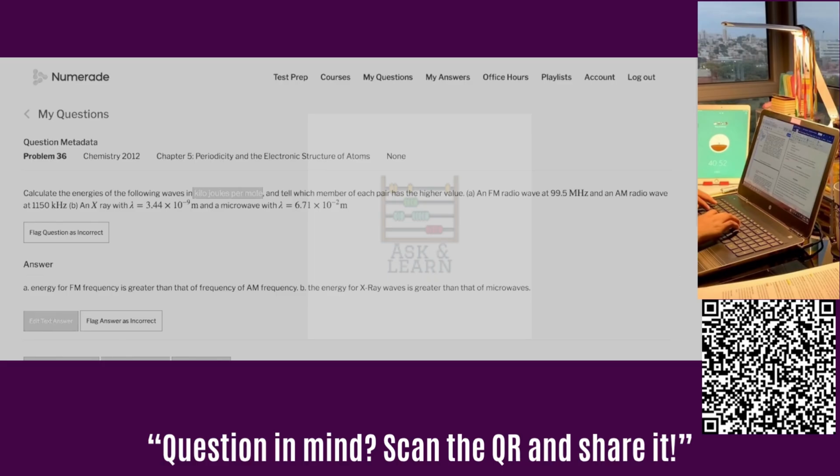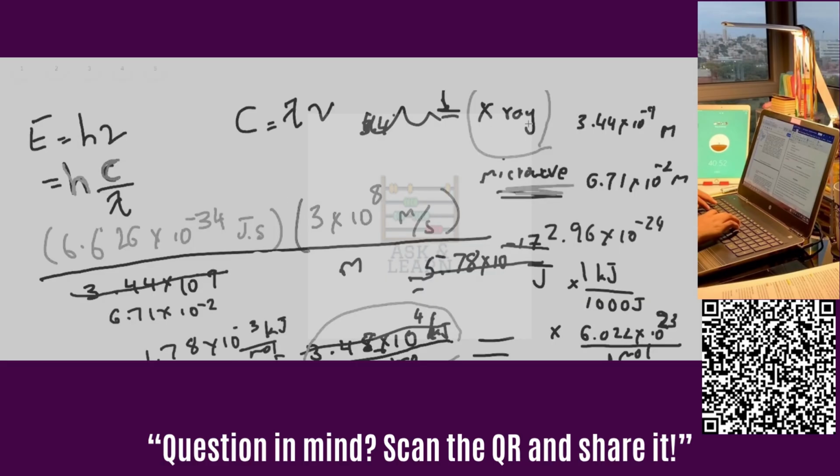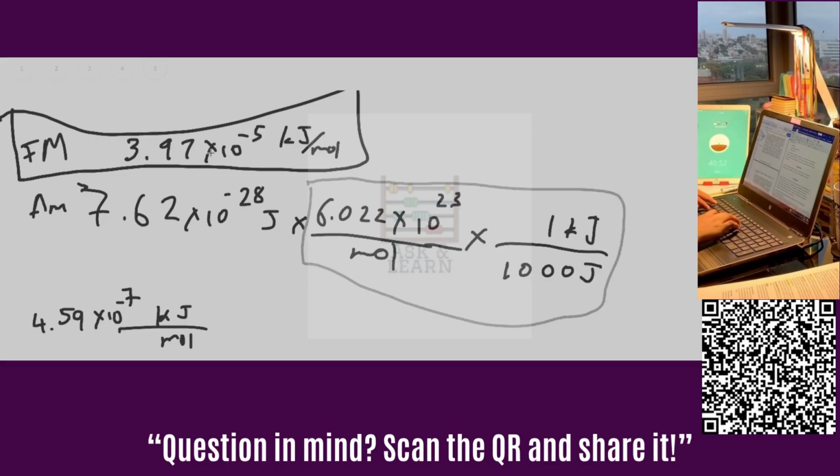Now, if you go back and look at FM, here's the number for FM, here is the number for AM, and the higher energy one is FM. FM wave would have higher energy than the AM wave. All right, happy studying.